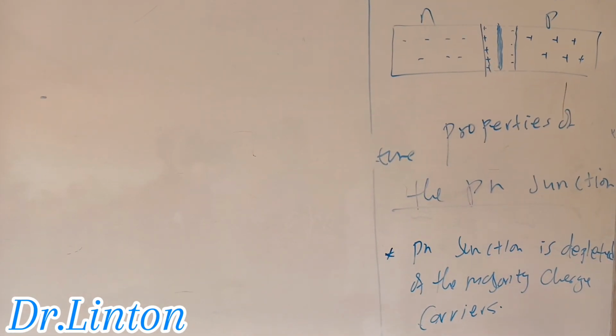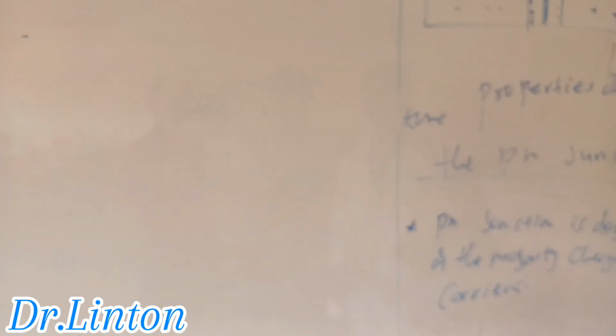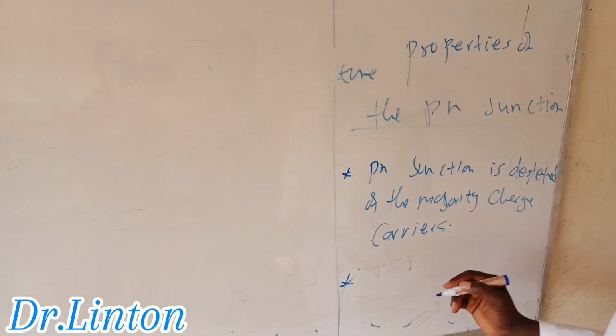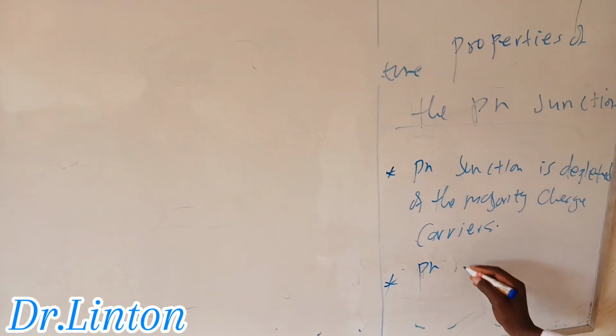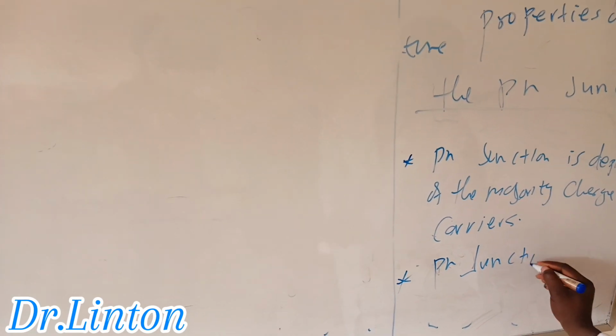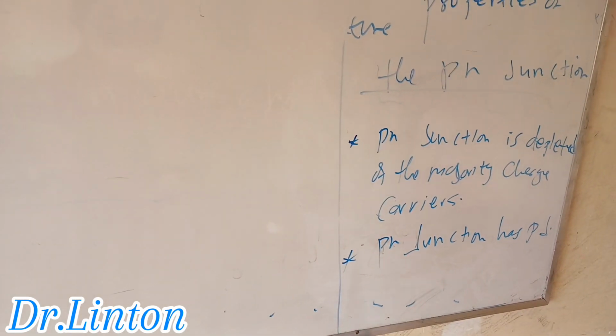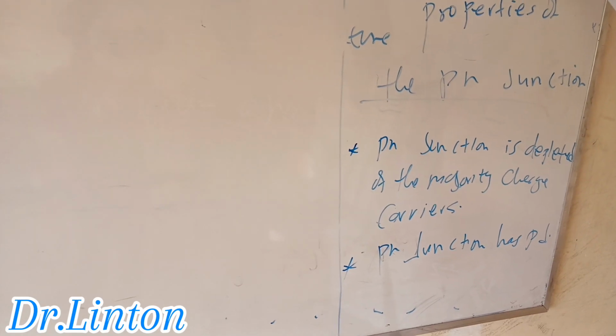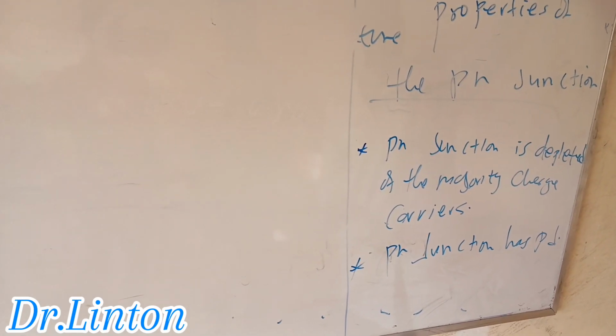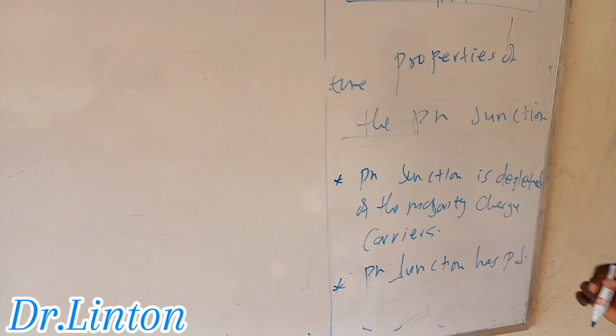Property number two: a PN junction has a potential difference, because here at the junction are the positive ions and here are the negative ions.